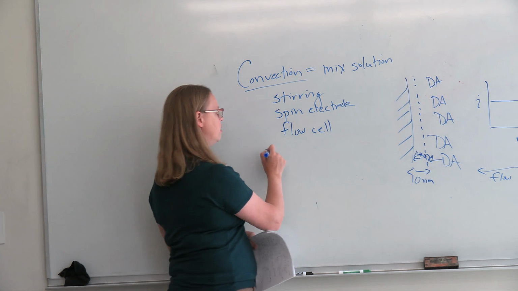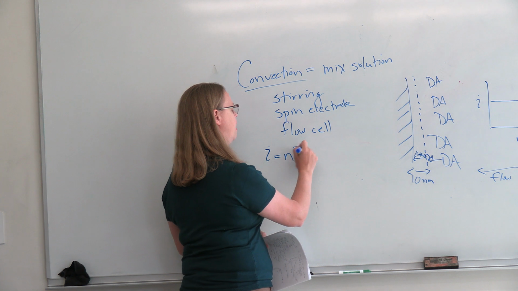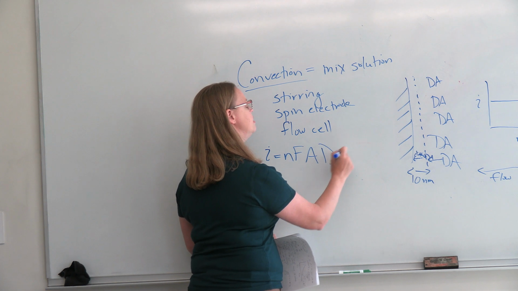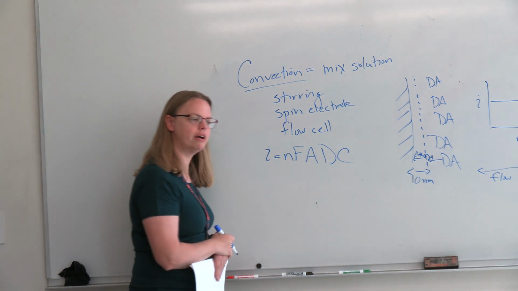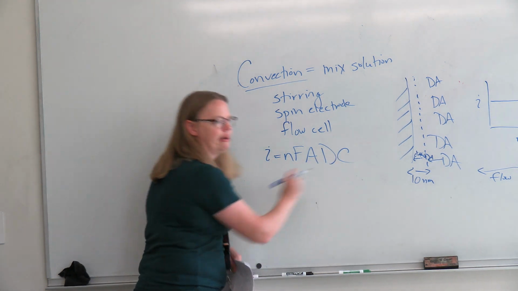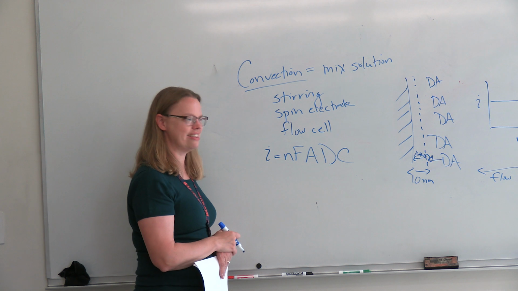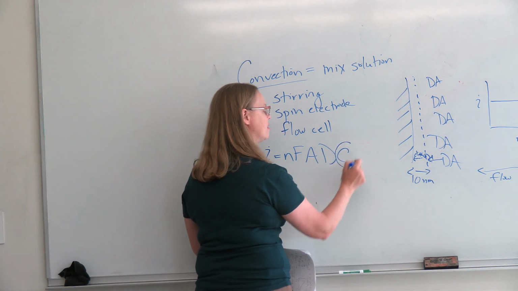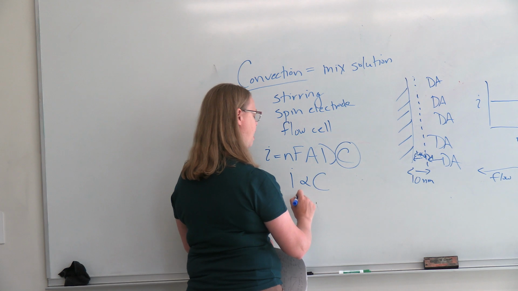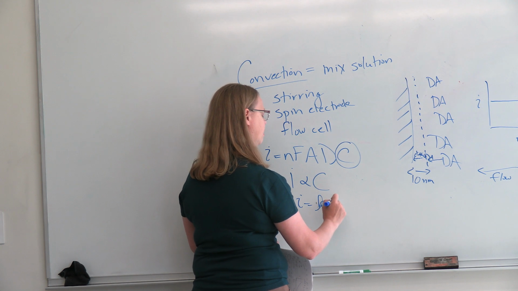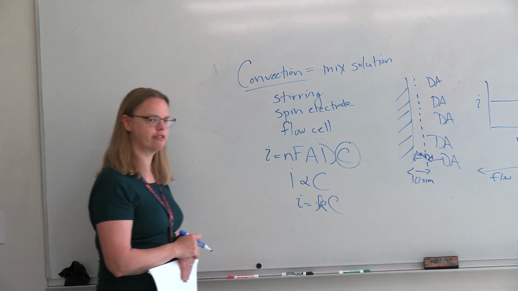The current I is equal to nFADC. We already did nFAD. Those should all look familiar. We see these again and again in just about every electrochemistry equation. But I want to point out the C here, that I is proportional to C, or I is equal to some constant times concentration.